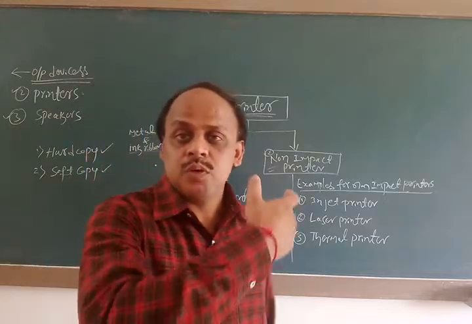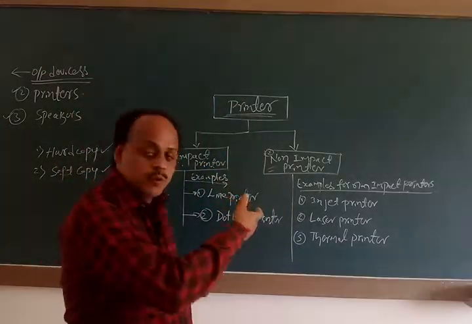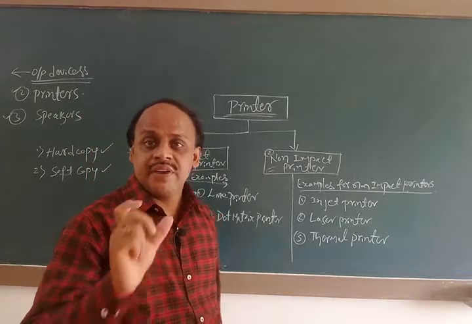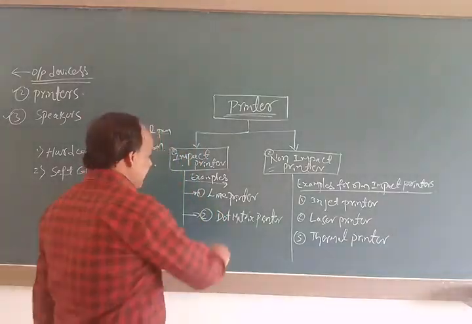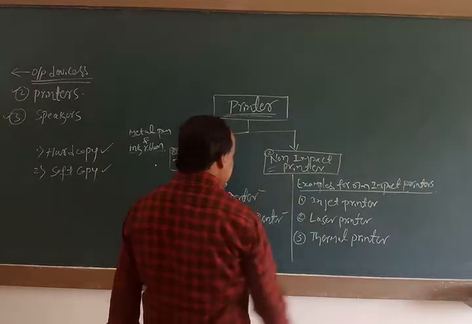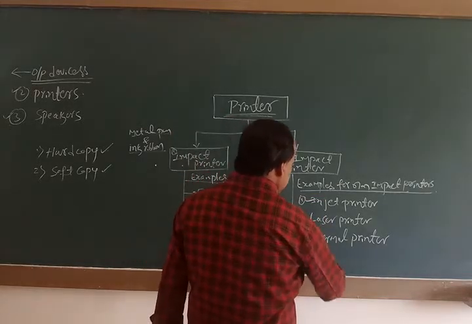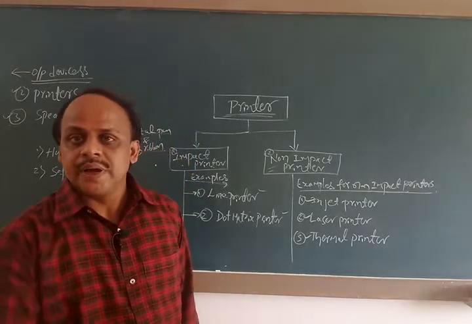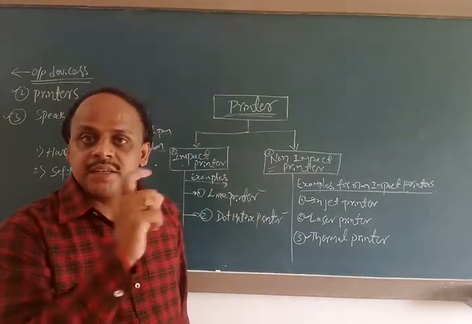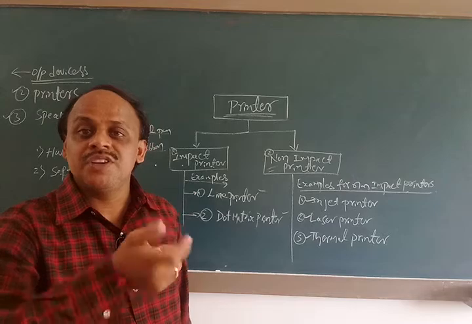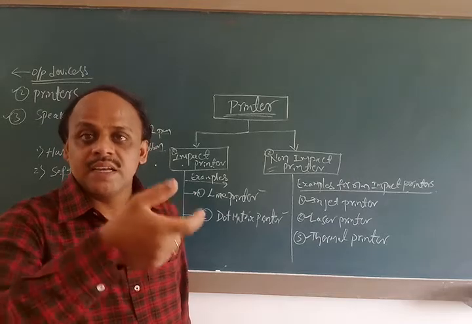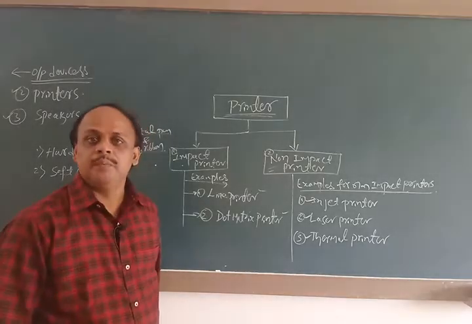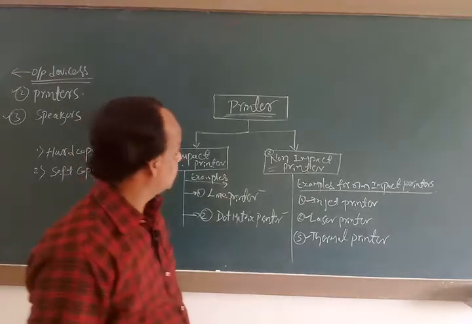Now I am going to draw a table that gives the differences between line printer, dot matrix printer, inkjet printer, laser printer and thermal printer. Now let us see the table.